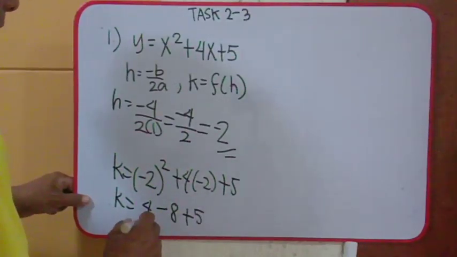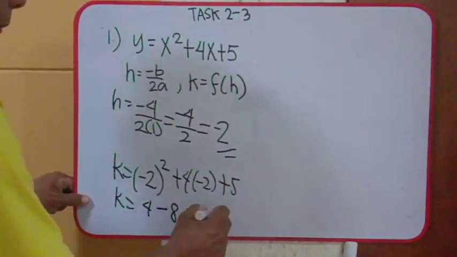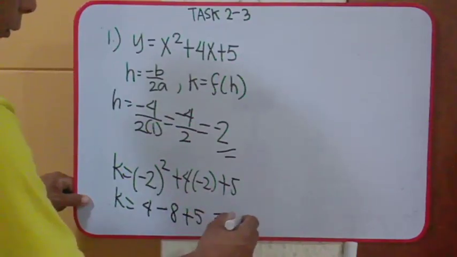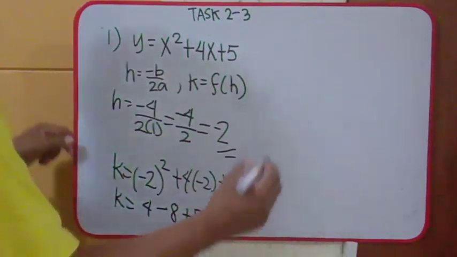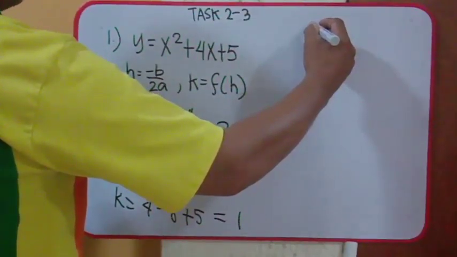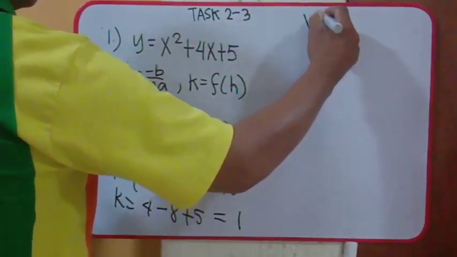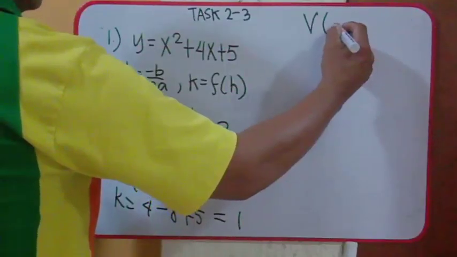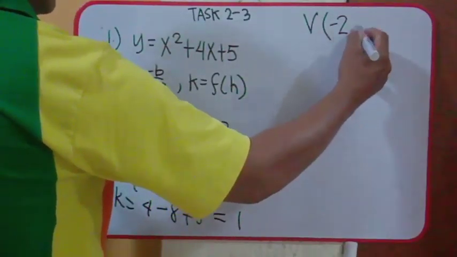By simplifying, 4 minus 8 plus 5, k equals 1. So, our vertex in the y equals x squared plus 4x plus 5 is negative 2 and 1.